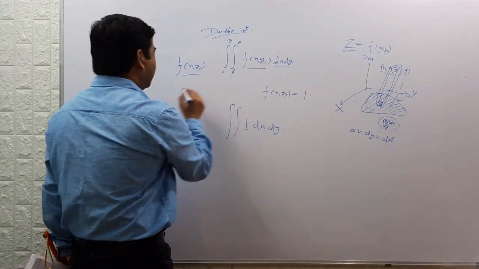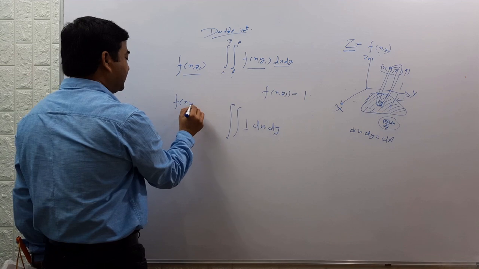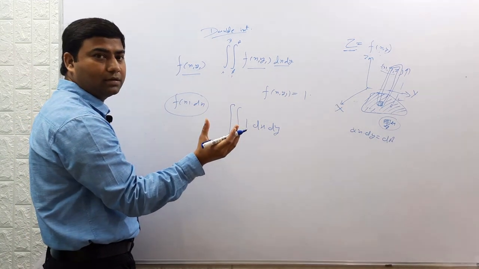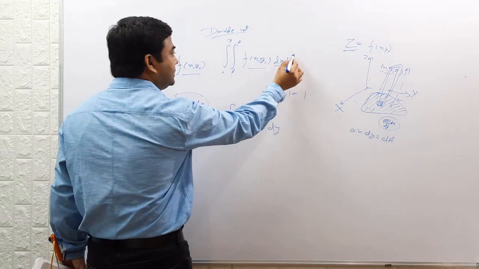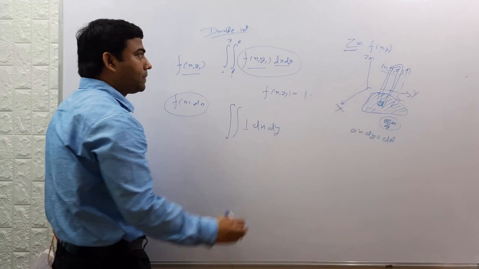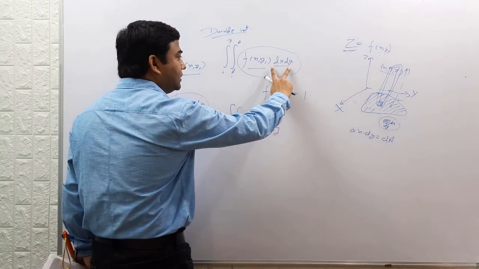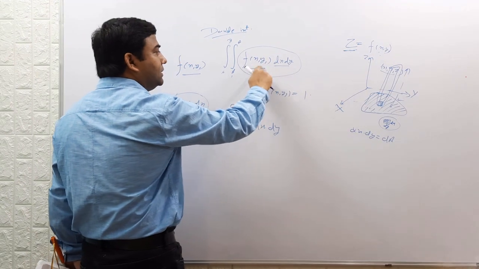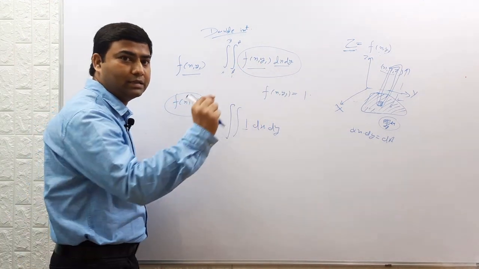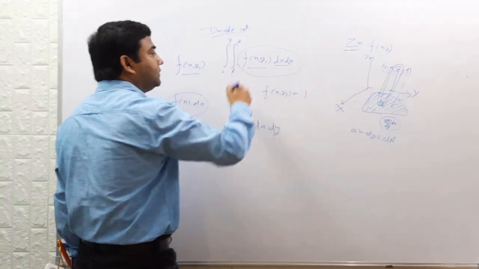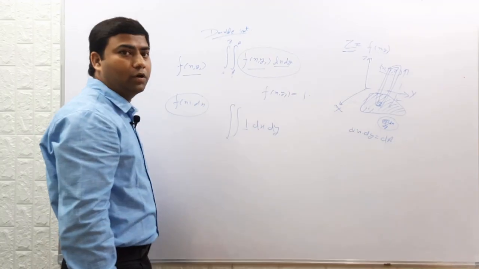So this is the sum. Earlier we have seen it is f(x) into dx. It is the area of a general strip. Similarly here it is the volume, obtained by multiplying this area and the value of the function at a general point. So this whole expression will give a volume.